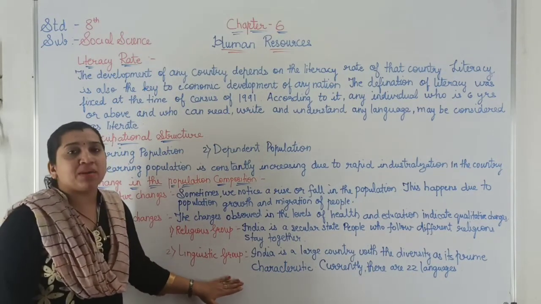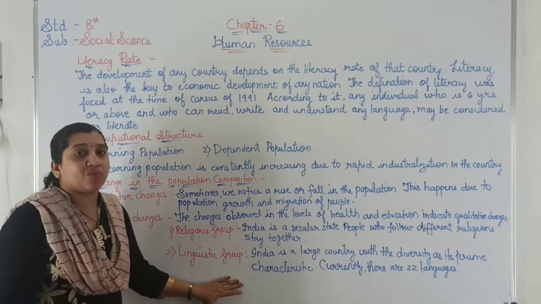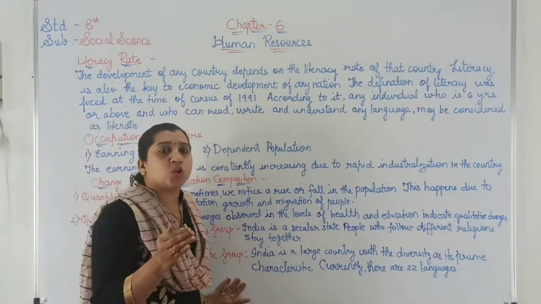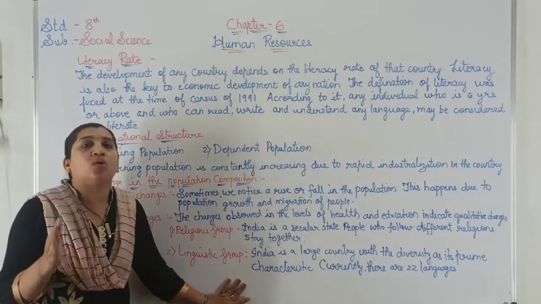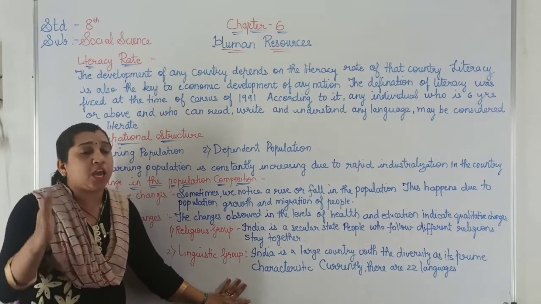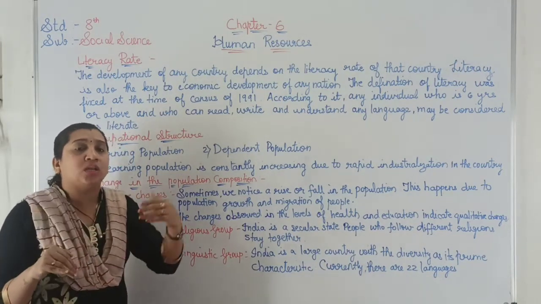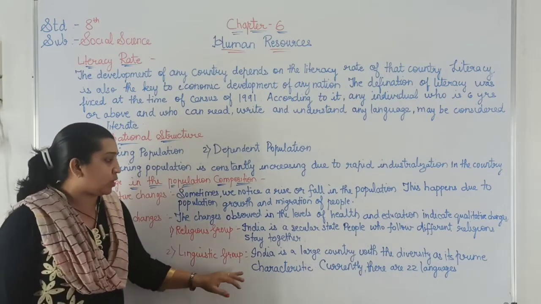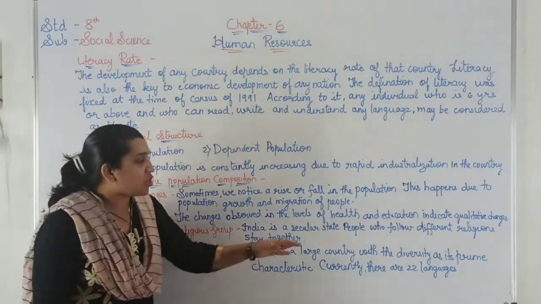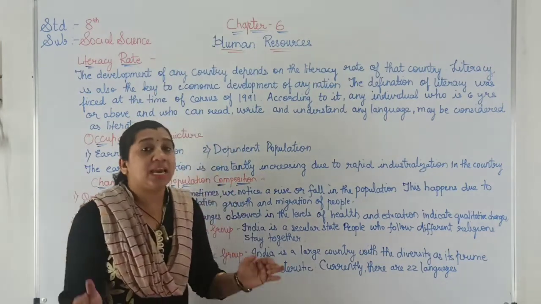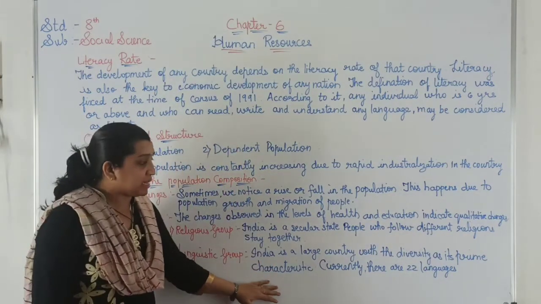Linguistic group, that means a group of languages. Our Gujarat was established on 1st May 1960 on the basis of language, being partitioned from Mumbai, Maharashtra. India is a large country with diversity as its prime characteristic.